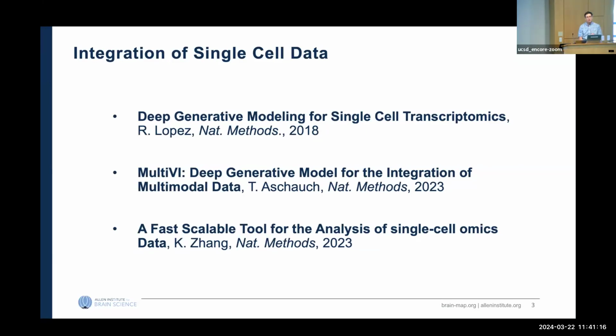This has been work that's been done, and the basic ideas have come out of work originally from Michael Jordan's group and Nir Joseph's group. Different people have contributed. Some of this approach started off with a paper from Lopez from Nir's lab called Deep Generative Modeling for Single Cell Transcriptomics.